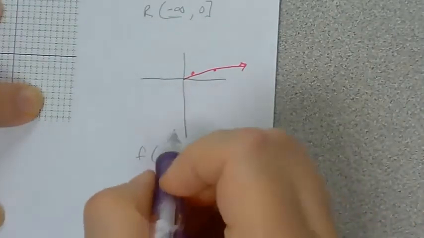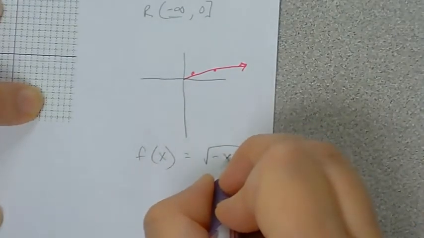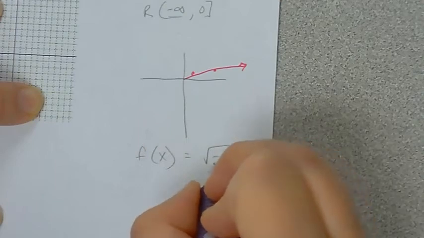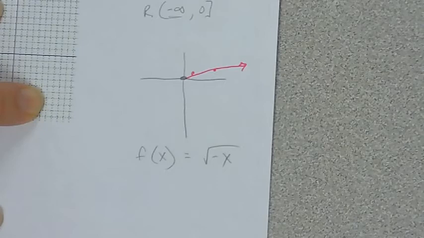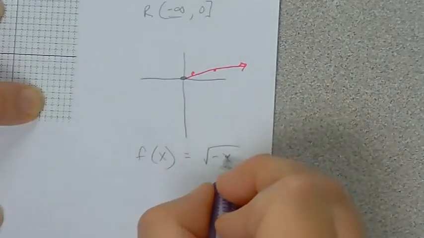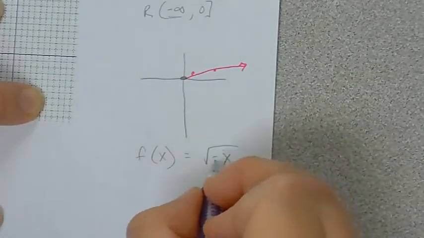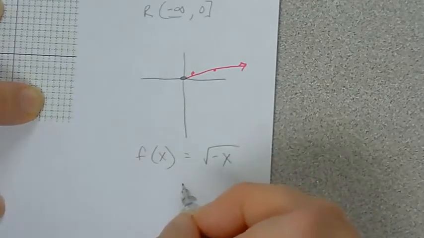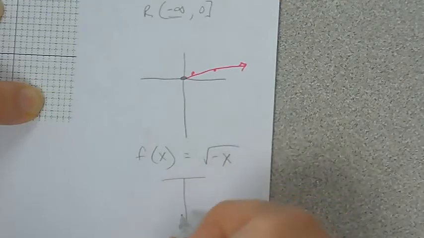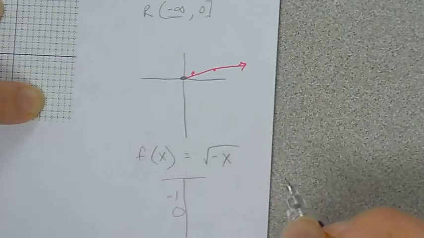But this time, if I put in a 0, I have negative 0, and the square root of 0 is 0. So I still have this point right here. But what happens when I put 1 in for x? I have negative 1. And the square root of negative 1 is imaginary. So the very first value on my input-output table that I can have is actually negative 1.